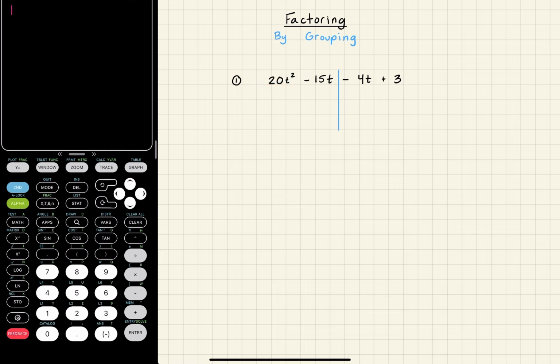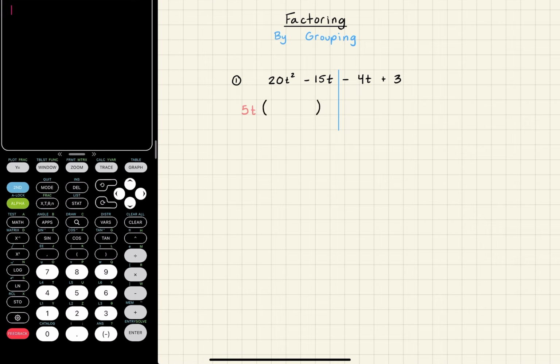The biggest number I can think of that goes into both 20 and 15 is 5. And then, of course, both terms also have a t in common, and the smallest exponent is this t to the 1. So we can pull a t to the outside.